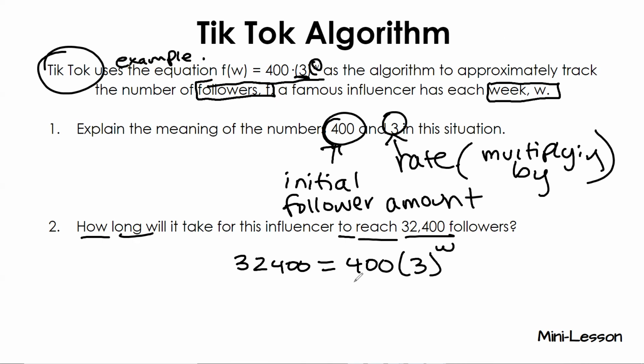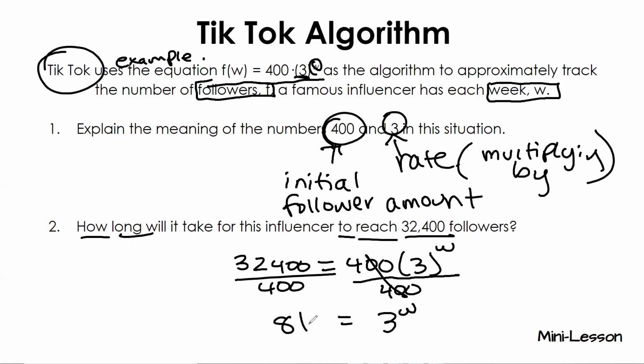So the first thing we're going to do is divide by 400. The reason why we're dividing by 400 is we want that W by itself, but it's attached to all this other junk. So this is going to give us 3 to the W is equal to, somebody type this in their calculator, 32,400 divided by 400. 81.